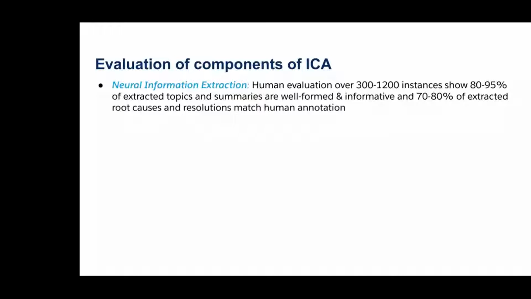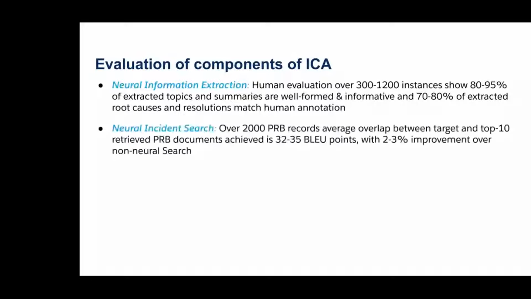Then for the neural incident search, we did quantitative benchmarking over 2000 PRB records coming from real incidents happening in Salesforce. We saw that the average overlap between the target and the top 10 retrieved PRB documents is around 30 to 35 BLEU points, where BLEU is the standard text similarity metric. We even achieved a 2 to 3% improvement over the traditional non-neural search.